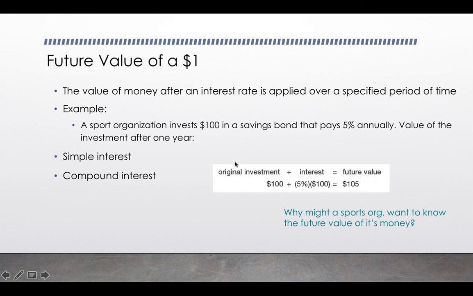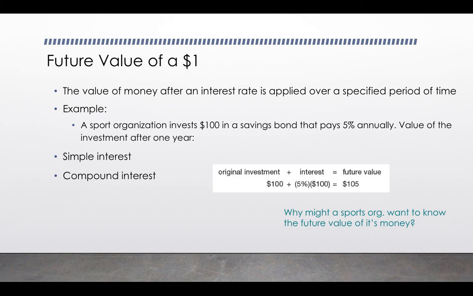Pretty straightforward. In this case, we know the original investment was $100. We know the interest on that savings bond is 5%. So all we have to do is take 5% times 100. We know that in that year's time, that investment is gaining $5. So we add those together. We know that in a year, that savings bond is going to be worth $105.